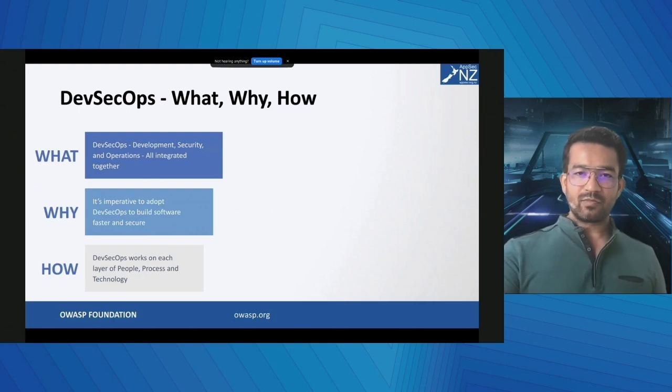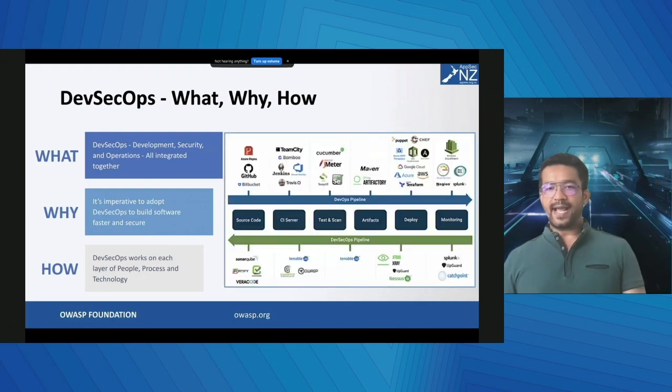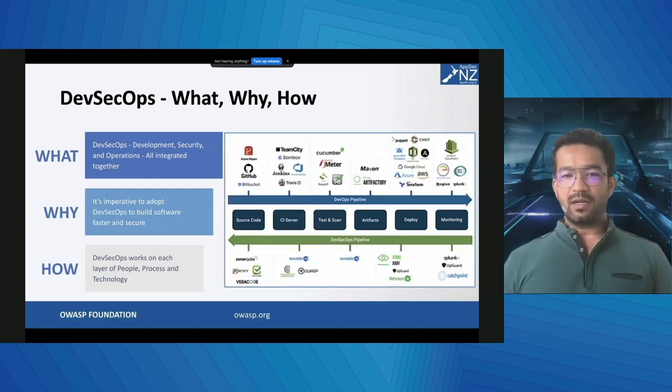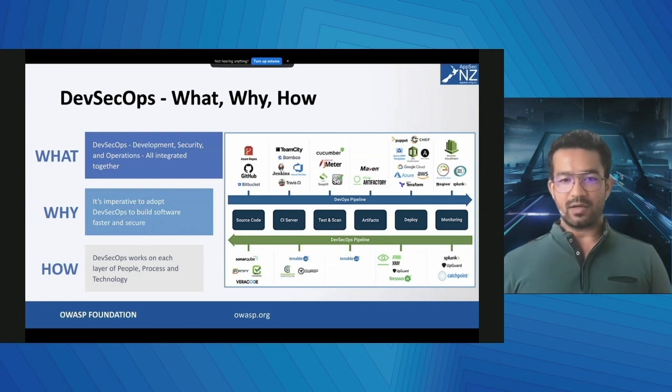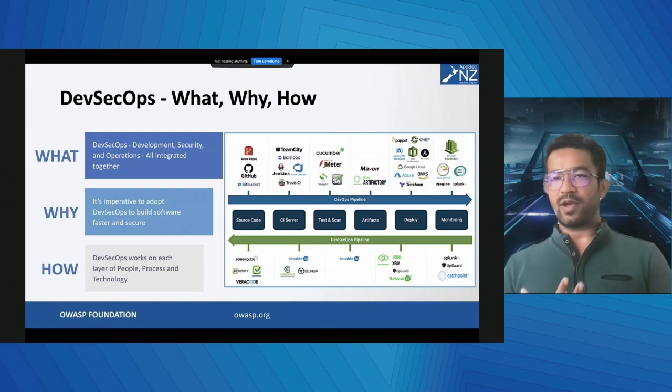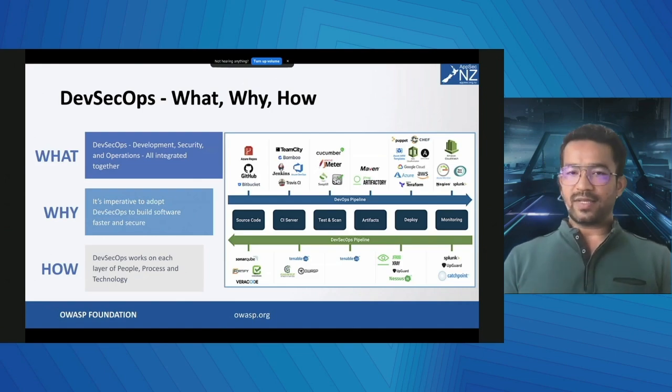So this is what a typical DevSecOps pipeline looks like at a very high level, where you have integration of security in different development lifecycle phases. For example, in coding, while your developer is coding, you have a SAST check, you have an SCA check.